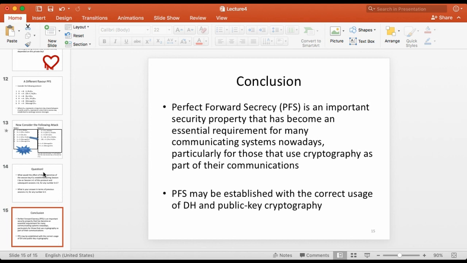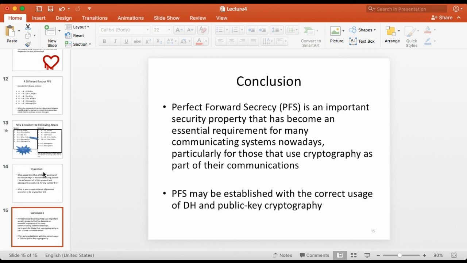But of course, as we saw here, it's not just interesting from an implementation point of view. It is also interesting from a theoretical point of view, because it demonstrates a very interesting way of looking at how keys, or the compromise of keys, can affect the secrecy of communications in the past, and, as we saw in the other flavor of the property, how it can also affect the secrecy of communications in the future.